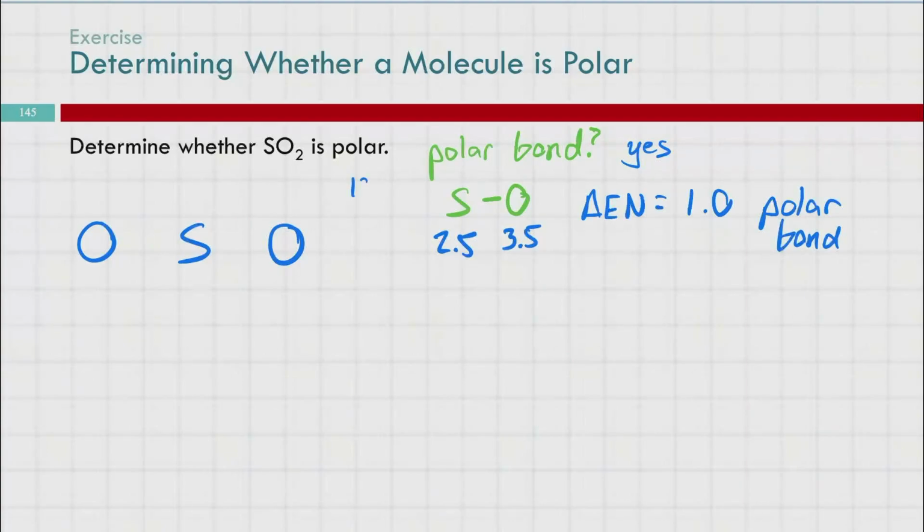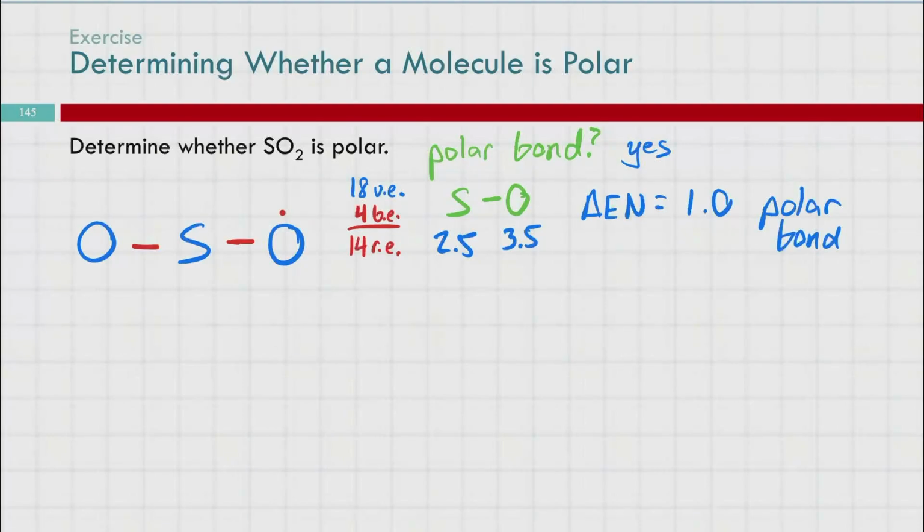We're going to have 18 valence electrons. Each of those has 6 valence electrons. They're in the same 6A group. To get things connected, we put in a set of bonds, 2 bonds, for our minimum bonding electrons of 4. So we have 14 remaining electrons.